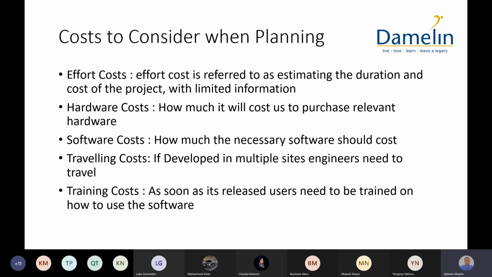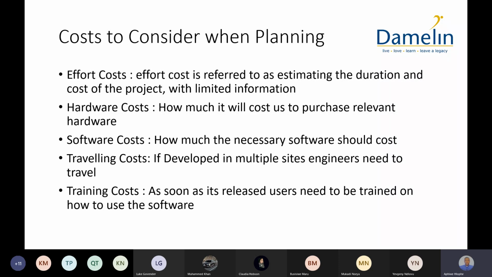And then the next one is software cost. How much should the necessary software cost? And maybe you're going to be doing a reuse of components. So you're going to be reusing some other applications or whatever objects. That's going to be considered as software costs that you're going to be buying, okay?